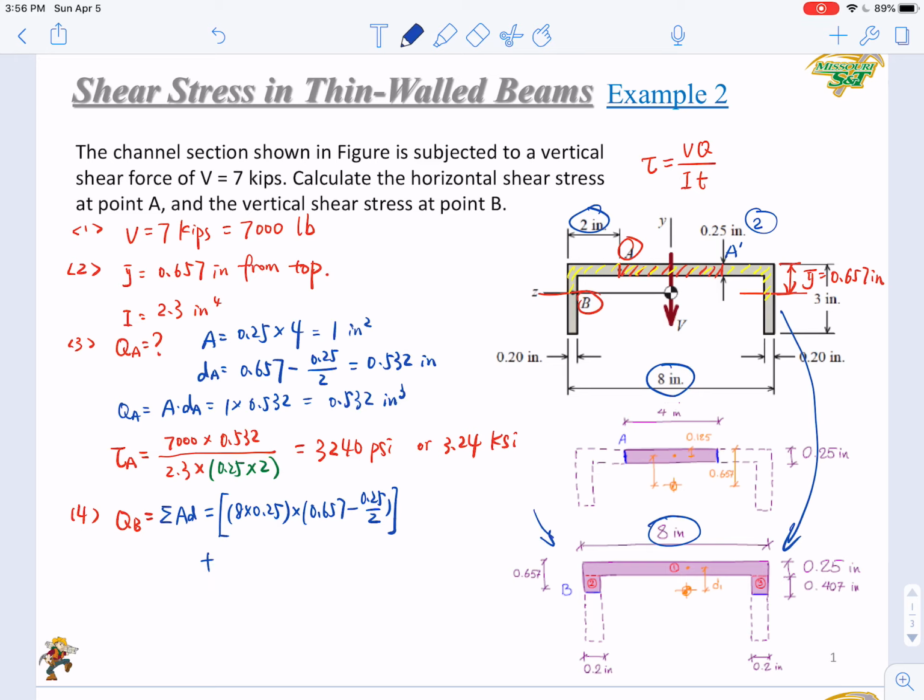This is the area 2. A2, you get thickness that is 0.2.